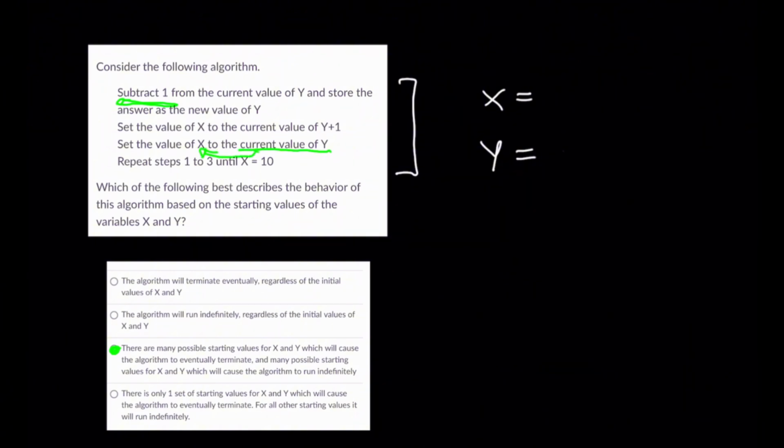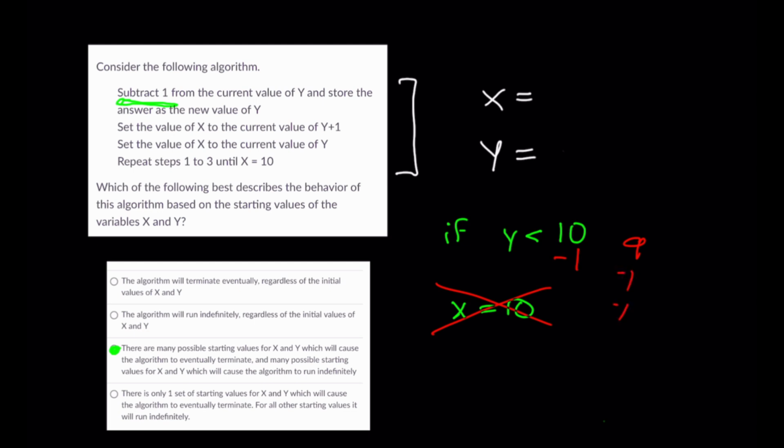So that means that if the starting number of y is less than 10, then x will never get to be 10 because we're always subtracting 1 from y. So if it's 9, we keep subtracting. We subtract 1 from the current value. We do add 1 here, but once we add 1 to 9, we subtract 1, so it actually gets to 8.